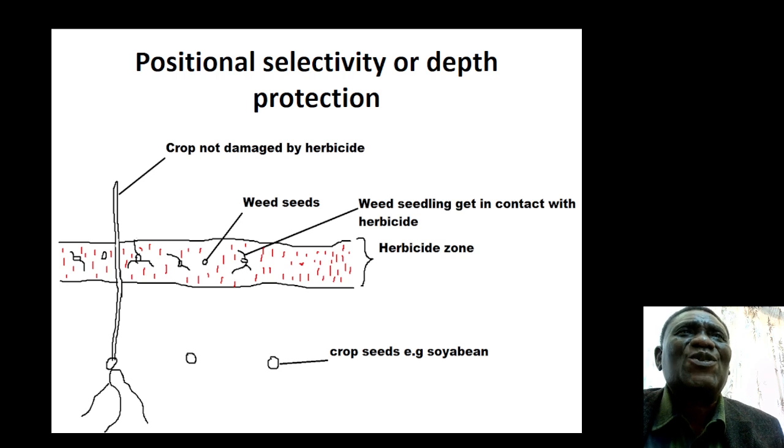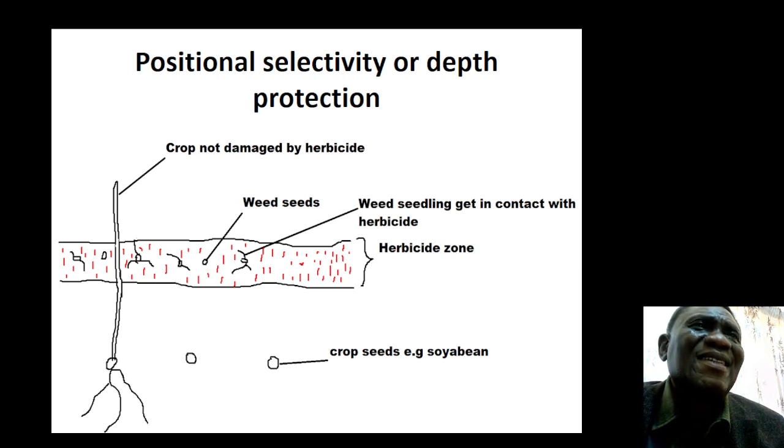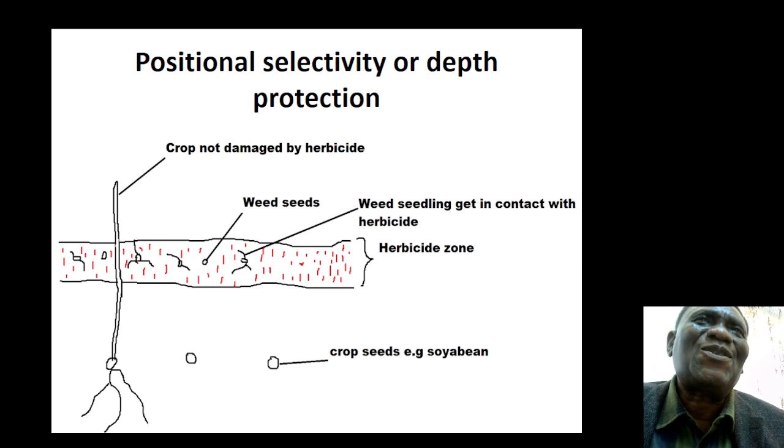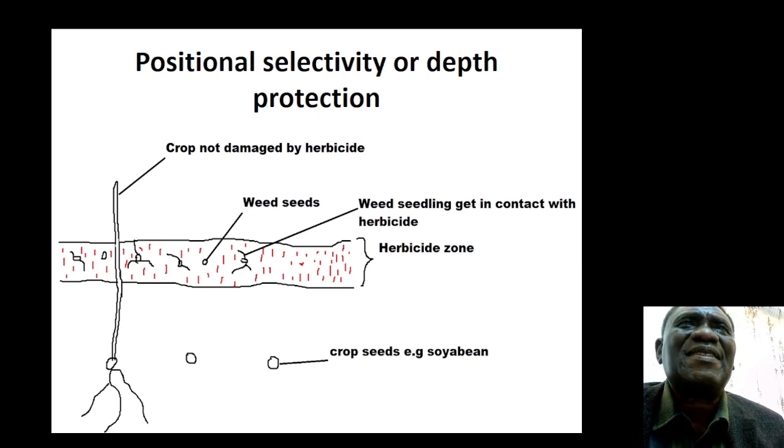And you are planting your soybean at 6 centimeters. So if metribuzin is sprayed pre-emergence, we say it's going to literally sit on the soil surface. It will hardly move down to 6 centimeters. And this is what we call depth protection or positional selectivity, because it remains in one position.